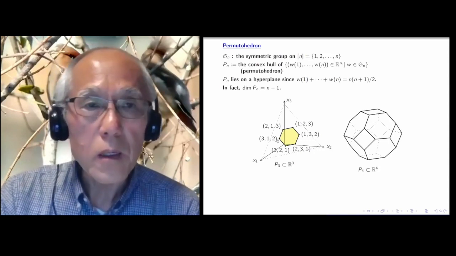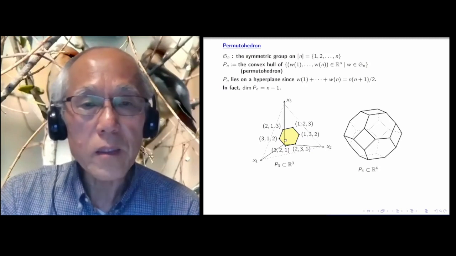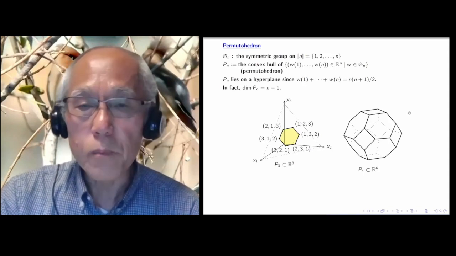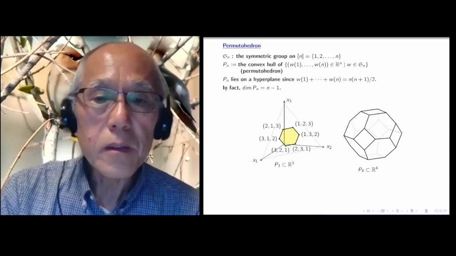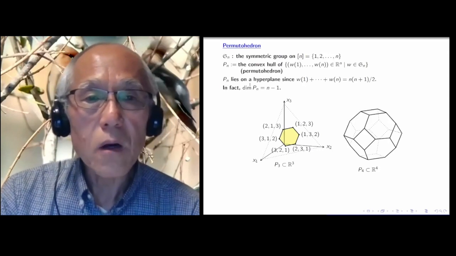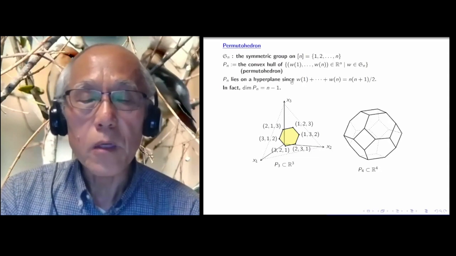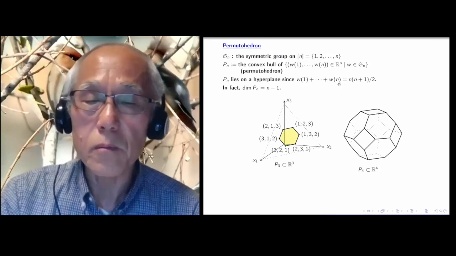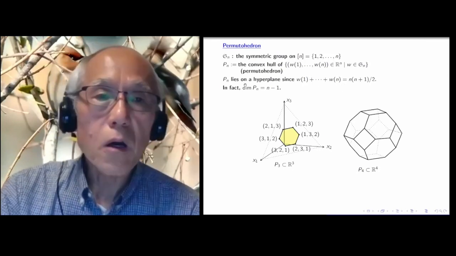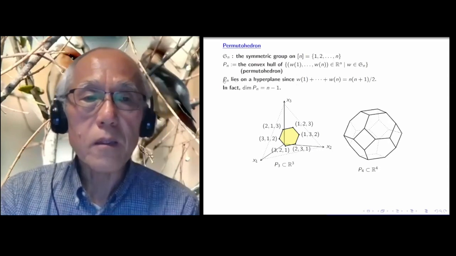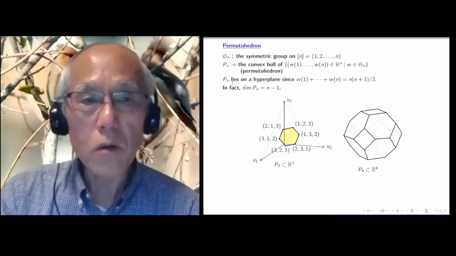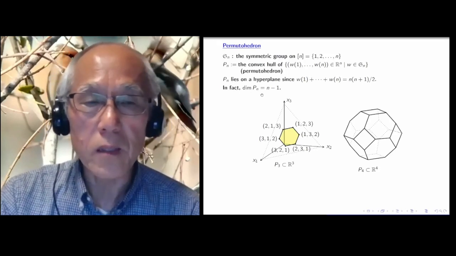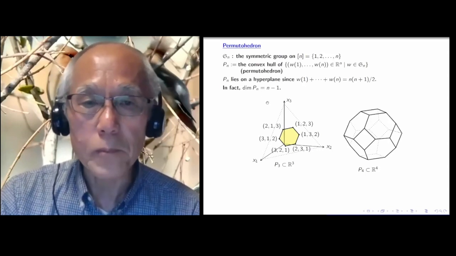This is the case when n is 3, the hexagon, P3, and this is P4. Pn lies on a hyperplane because the sum of coordinates is independent of the permutation w. So the dimension of Pn is at most n-1, but actually the dimension of Pn is exactly n-1.